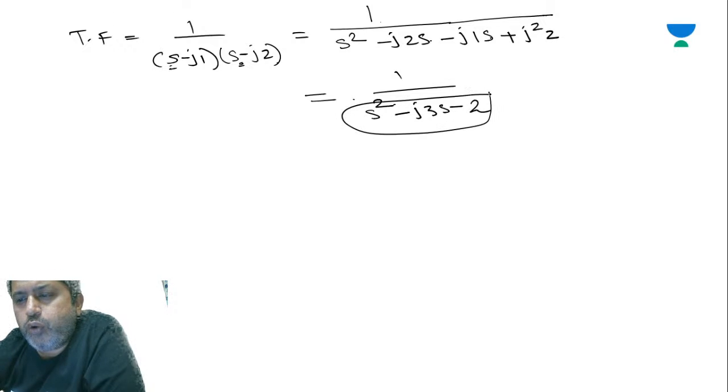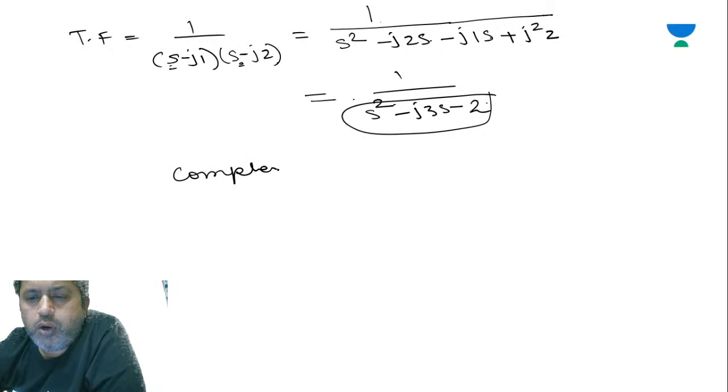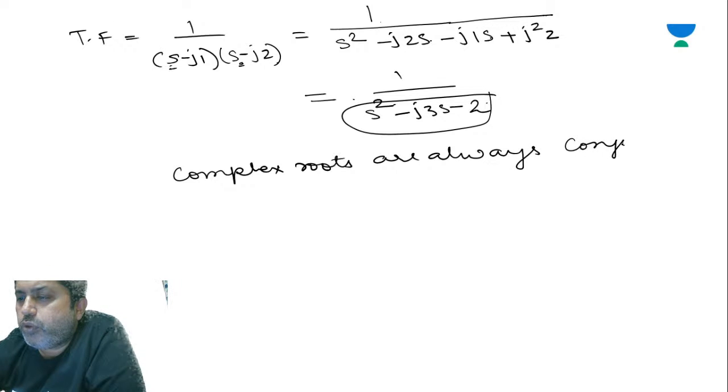So we cannot write down this term. Complex roots are always conjugate.